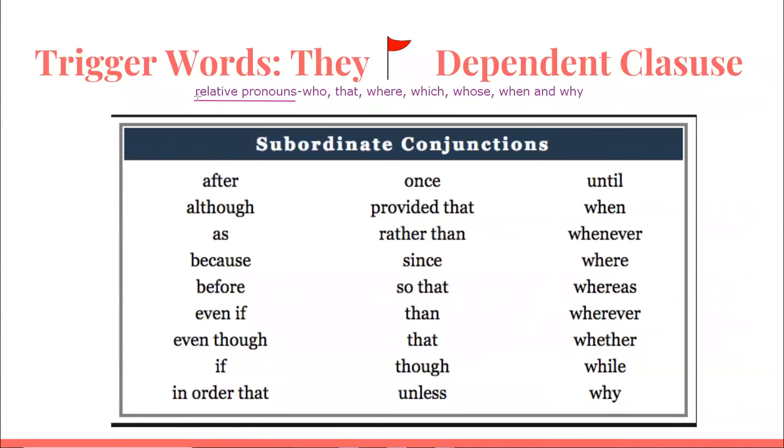And more importantly, knowing how to manipulate and use your dependent clauses will actually make your personal writing so much better. I hope this video has helped you understand dependent clauses, independent clauses, and your sentence types much better.